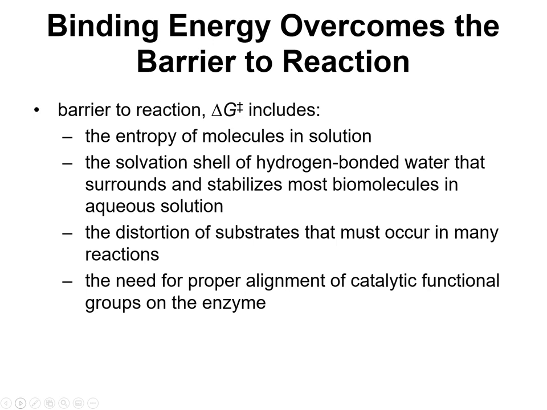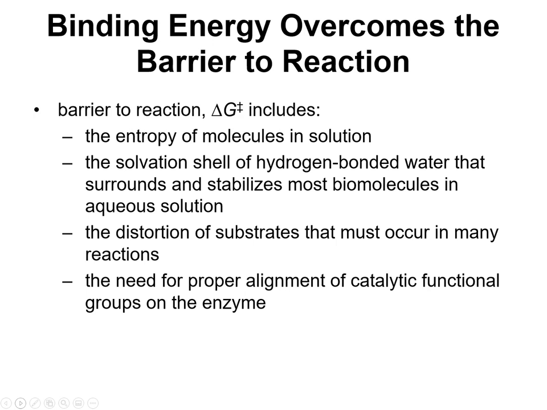We talked about the barrier to reaction, right? But there's a lot of different things that contribute to why there's such a high barrier to making this chemistry happen. There's the entropy of the molecules in solution. So when you have the enzyme and the substrate coming together and staying in one orientation, that decreases the entropy of the molecules, and that's not favorable.